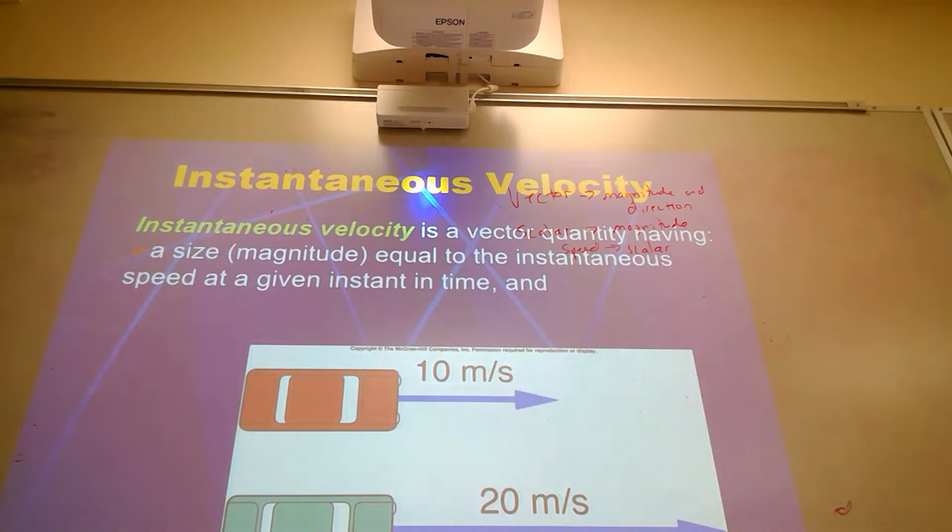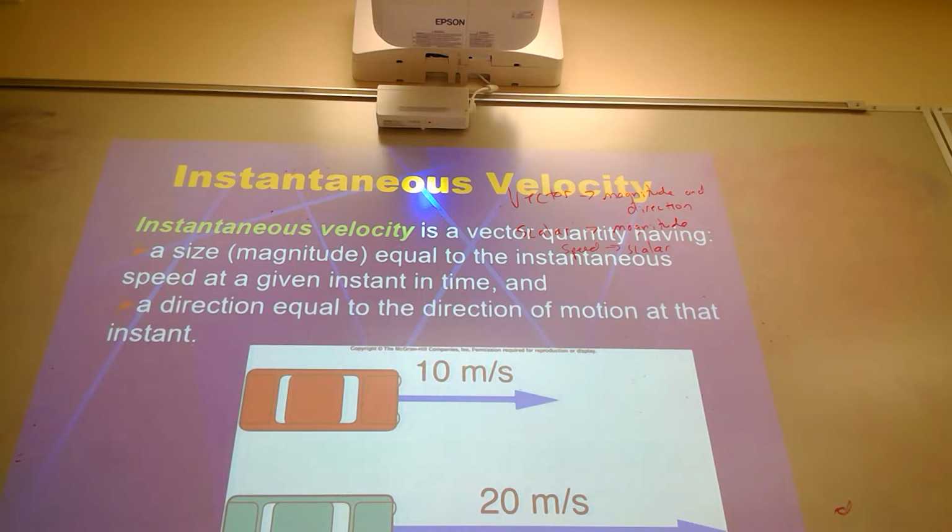Instantaneous velocity. You can guess instantaneous velocity is a vector quantity having a size, magnitude, equal to the instantaneous speed at a given instant in time and a direction equal to the direction of motion at that instant. So we have magnitude and direction, and the magnitude is given by the instantaneous speed.